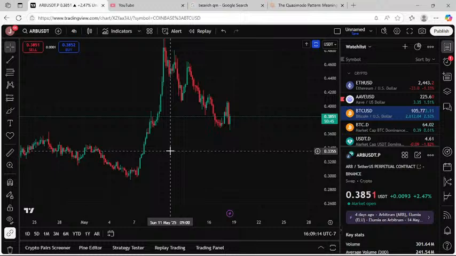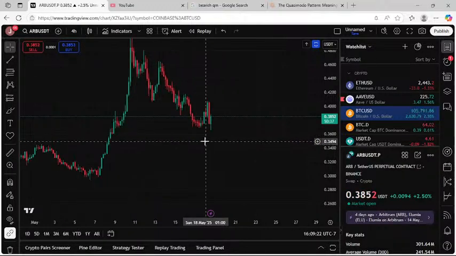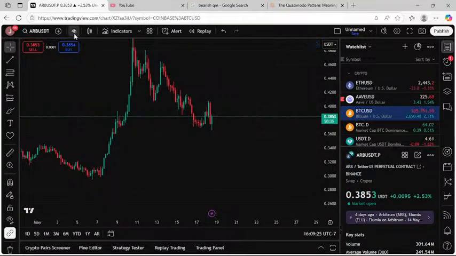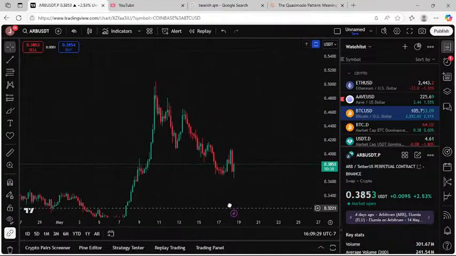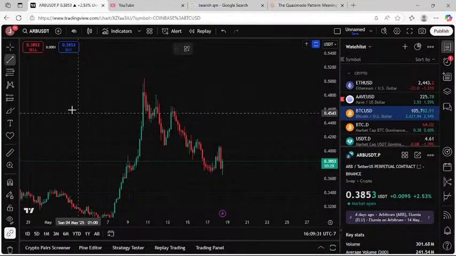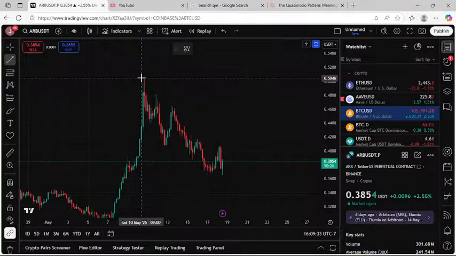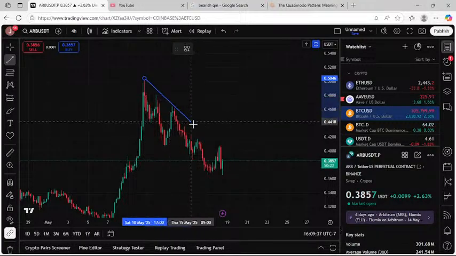So ARB could be kind of cool to trade, I guess. It's not for me. But if we get it on a higher time frame, is it high time frame bullish? Because right now, kind of like what I was pointing out with Ethereum earlier, it's lower time frame bearish.